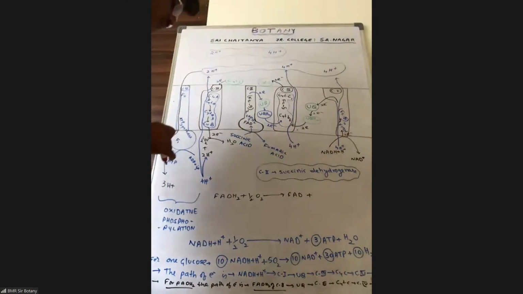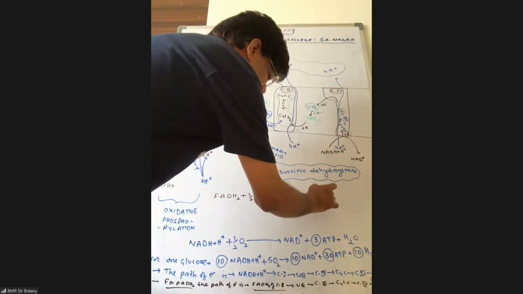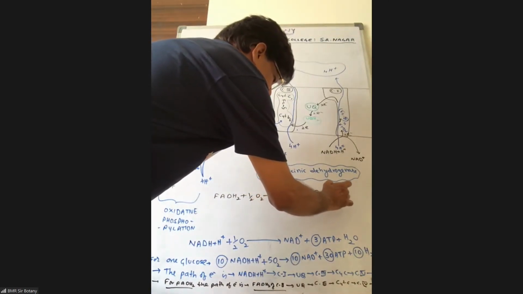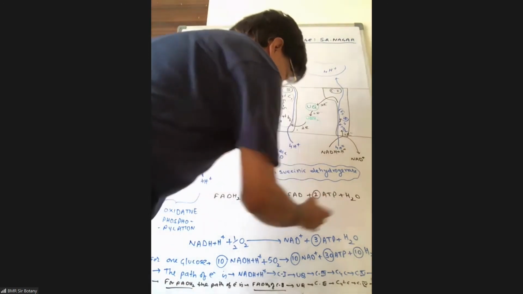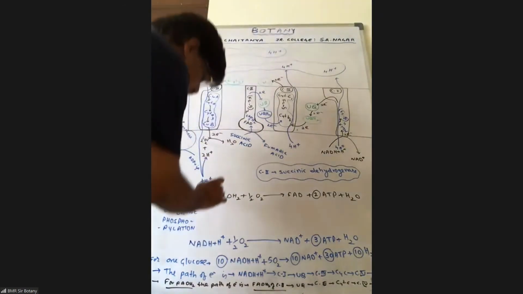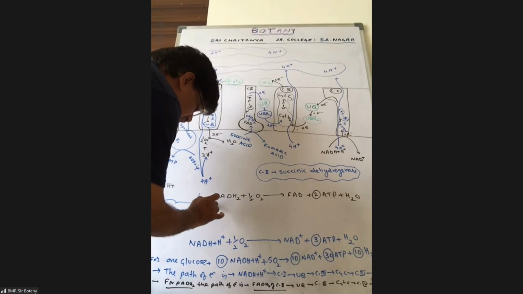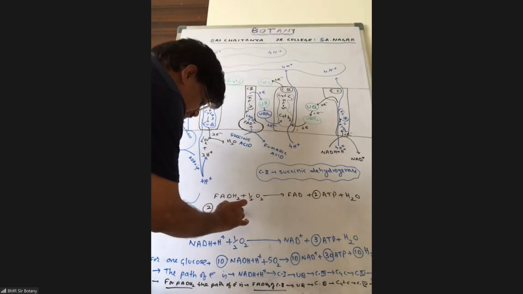Because of 6 protons, 2 ATP. That's it. But in terms of water production, there is no difference. Each molecule will end up as a water. And we have only 2 molecules of FADH2 from the TCA cycle.